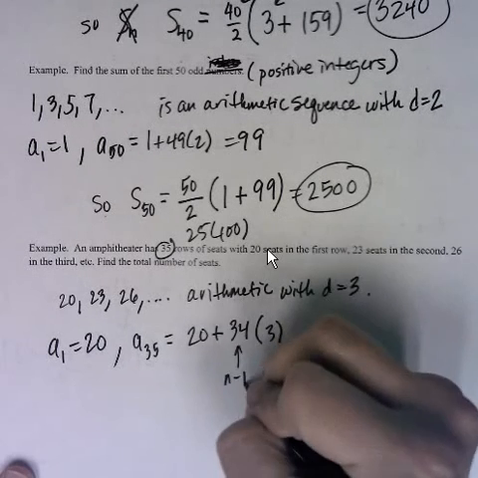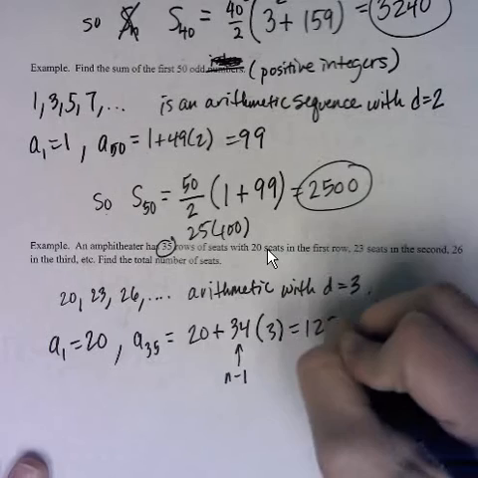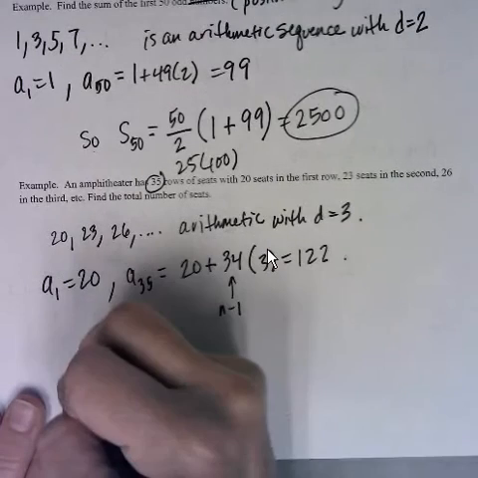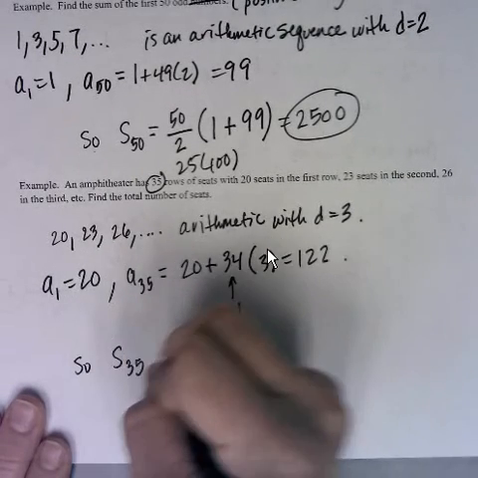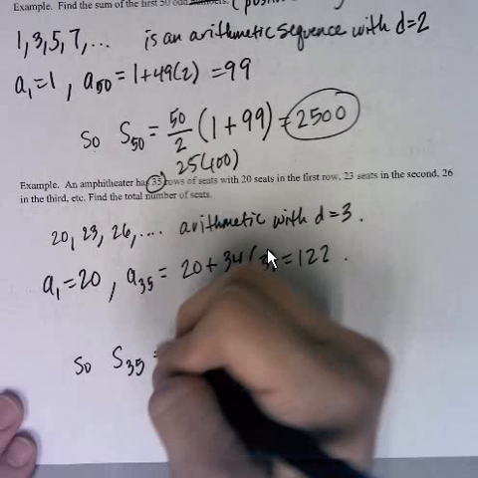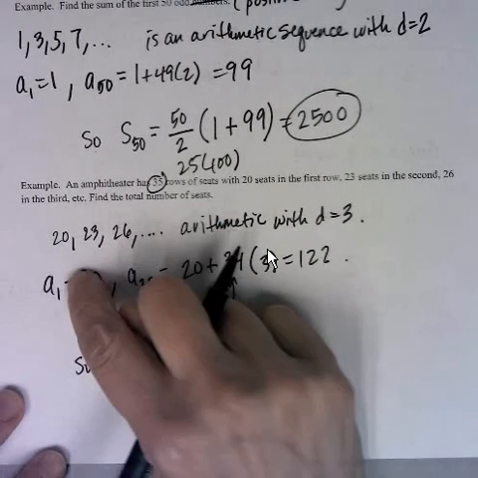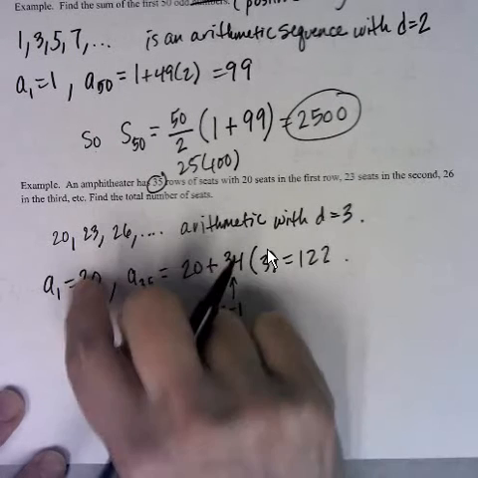Let's see, what do we get? 20 plus 34 times 3 is 122. So S sub 35, the sum of the first 35 terms, or the number of seats in the first 35 rows. 35 over 2 times first term plus last term, 20 plus 122.